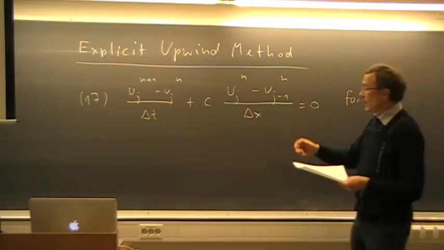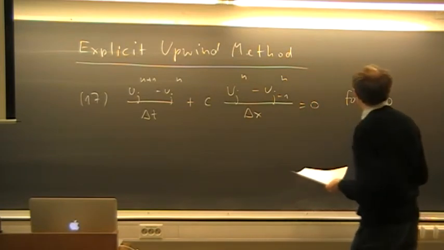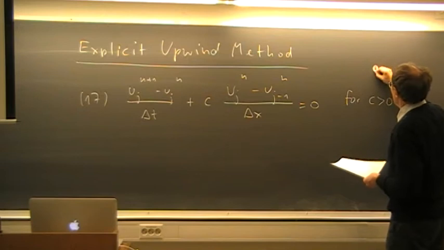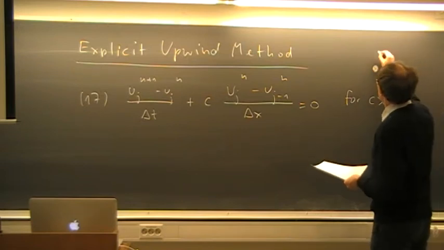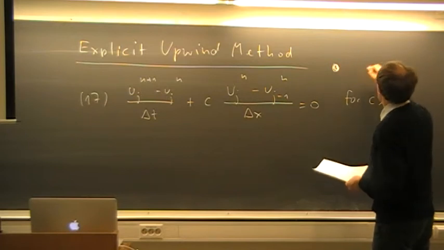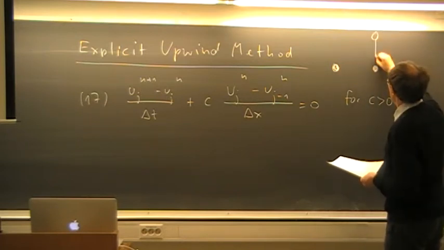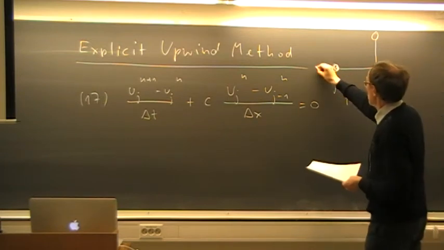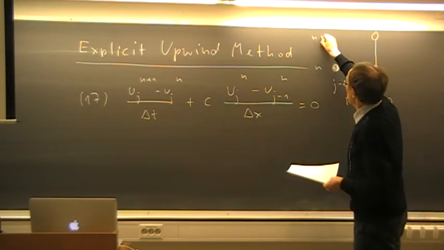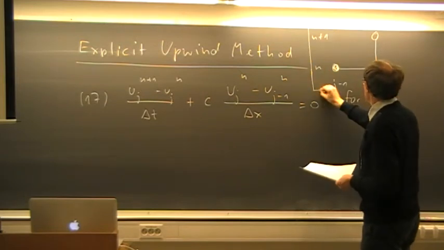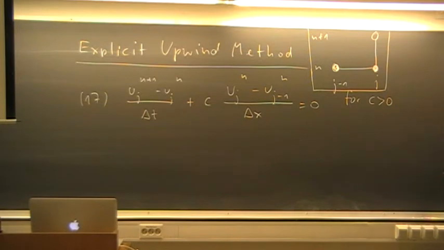And the stencil that we get from that is: we have our point j, and we have j minus 1, and we have the value to determine. That is j minus 1, that's time level n, and n plus 1. So that would be our difference stencil for this method.